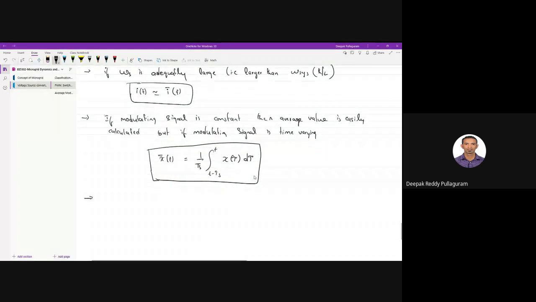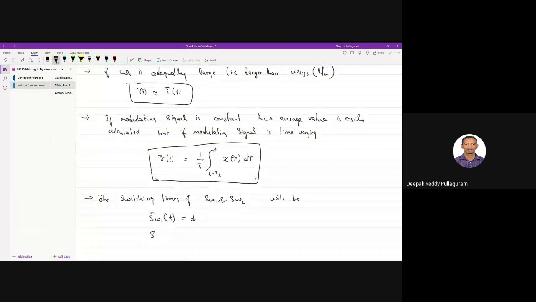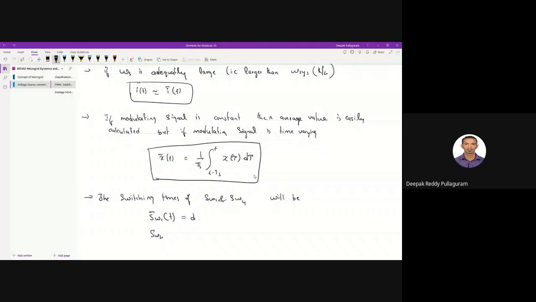The switching time of switch SW1 and SW2 depends on duty, which is again time dependent, so SW1 is D and SW2 is 1 minus D.